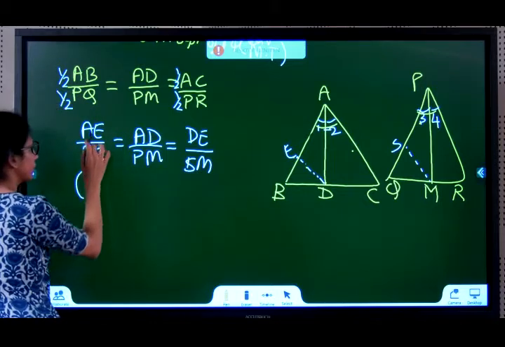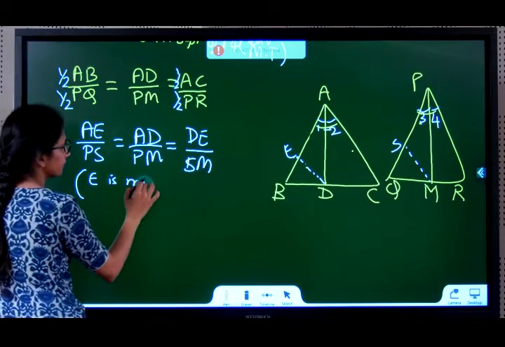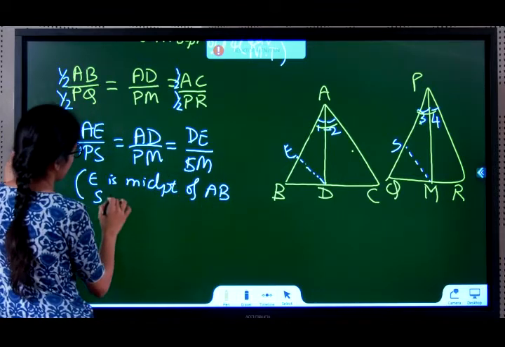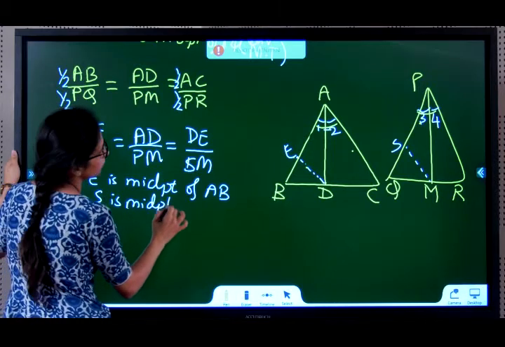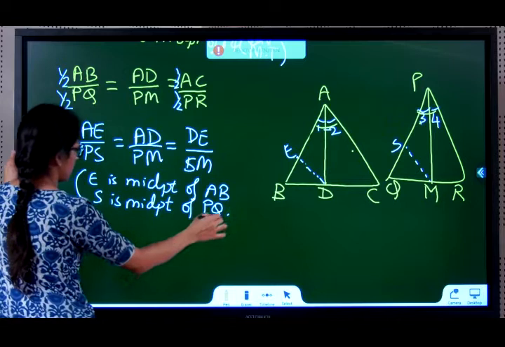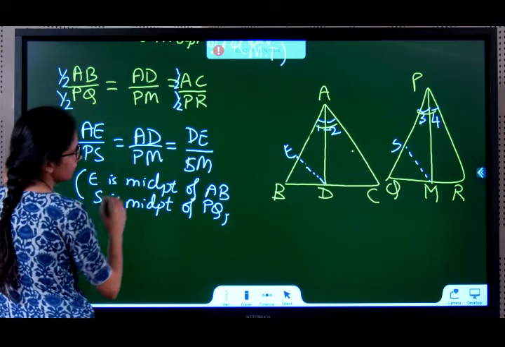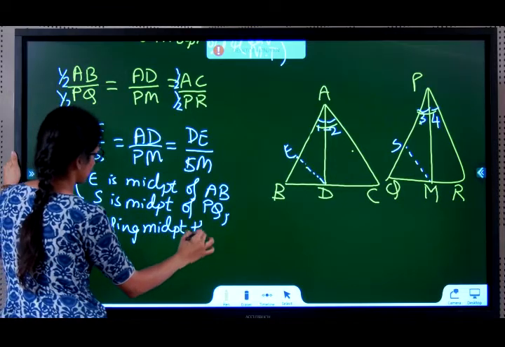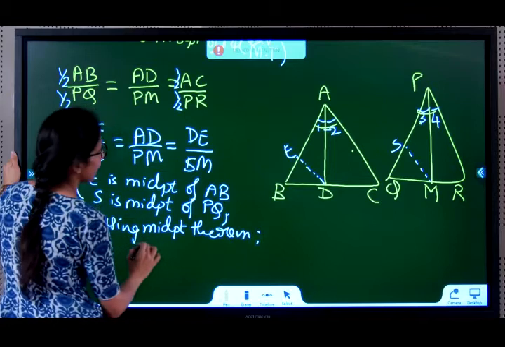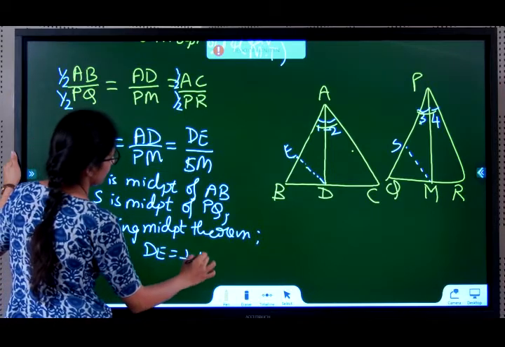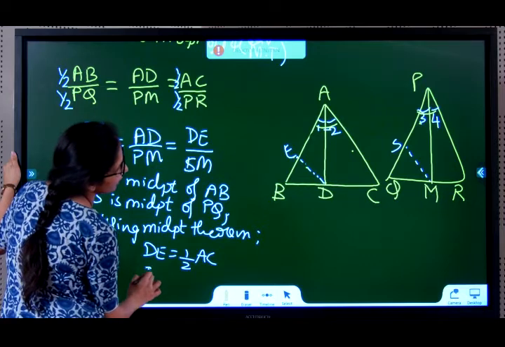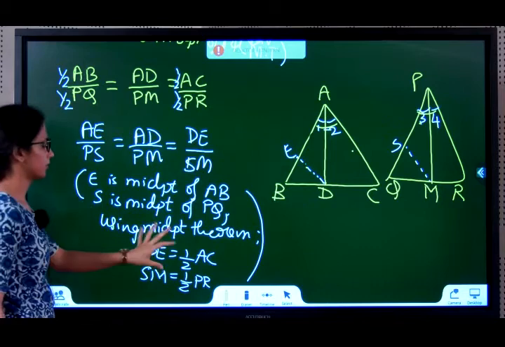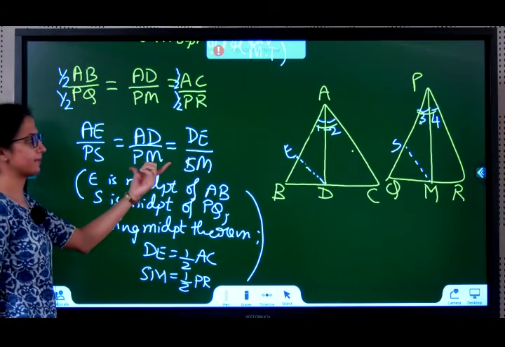Reason being, for the first part, E is midpoint of AB and S is midpoint of PQ. For the second part of what we have done here, using midpoint theorem, we can say DE is equal to half AC and SM is equal to half PR. So this is all the justification as to how this became this.